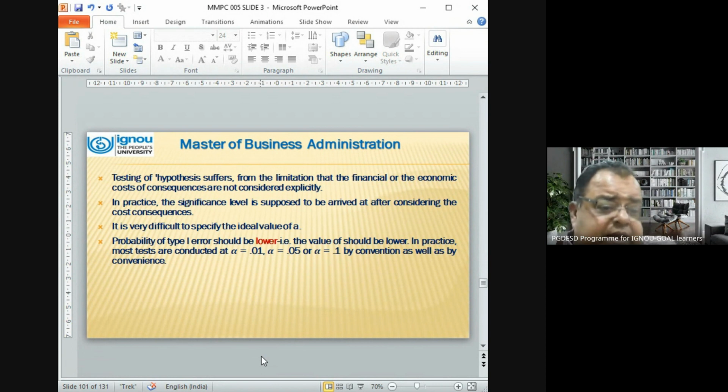The probability of type 1 error should be lower, that is, the value of alpha should be lower. In practice, most tests are conducted at alpha equal to 0.01, alpha equal to 0.05, or alpha equal to 0.1 by convention as well as by convenience. I don't know how many problems of hypothesis testing or sampling you people have seen, but normally in the problem it is written that using a test of confidence of 0.01 or 0.05.